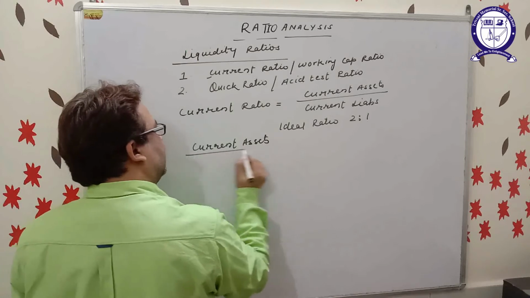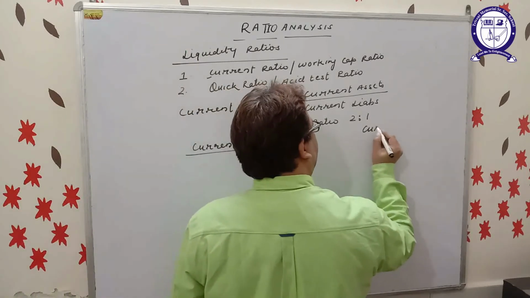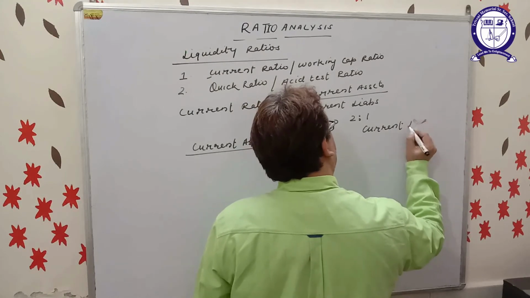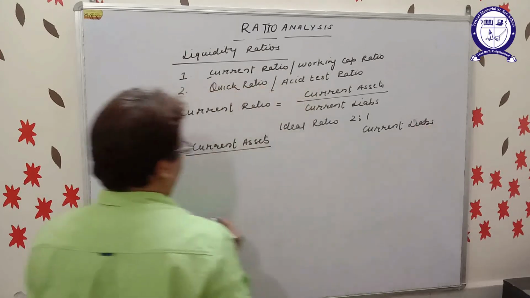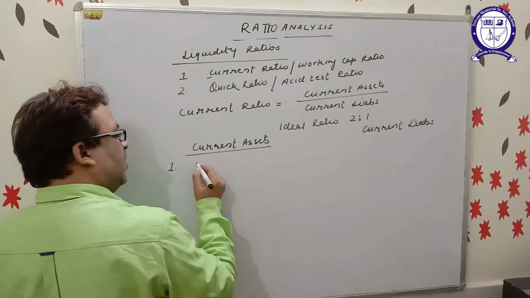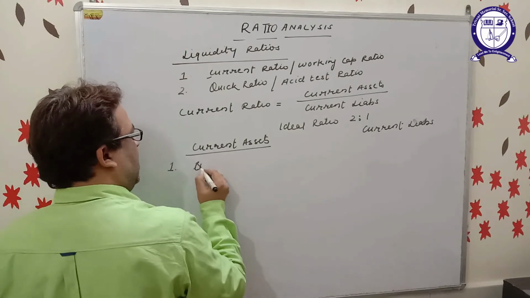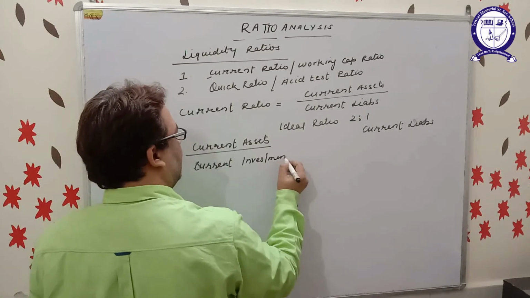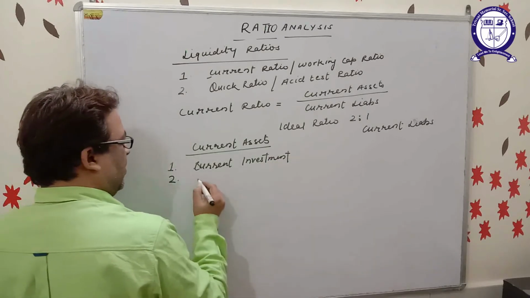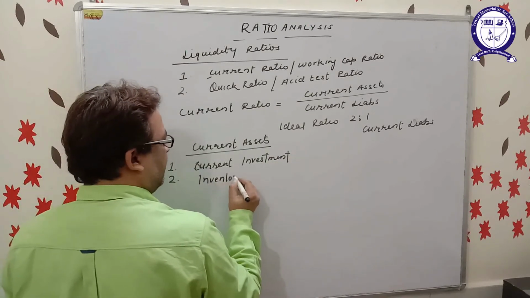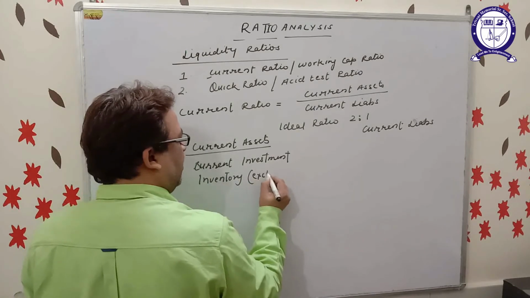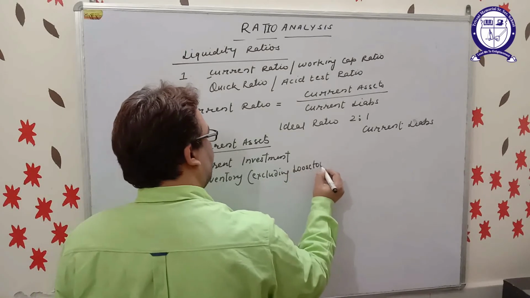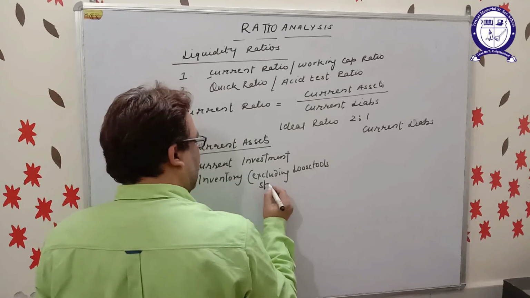Which are current assets and current liabilities? Current assets first of all. Current investment. Number 2, inventory, excluding loose tools, store and spare parts.